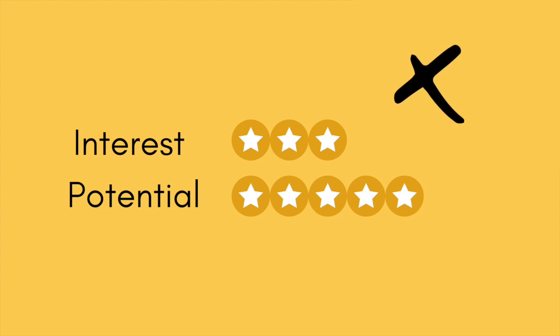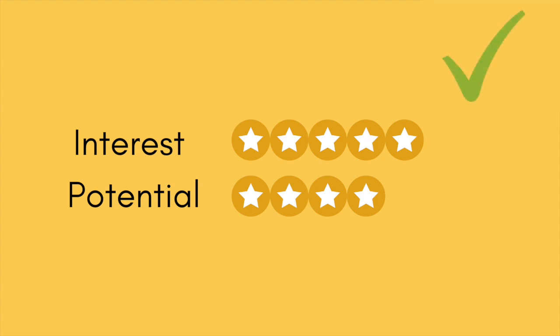You want to be interested in the RLS and you want to see potential in it. So if you have any RLSs that ranked 5 and 5, 5 for interest, 5 for ToK potential, that's great. 4 and 5, 4 and 4, that's great. 3 and 3, you're probably getting into this land of mediocre interest.